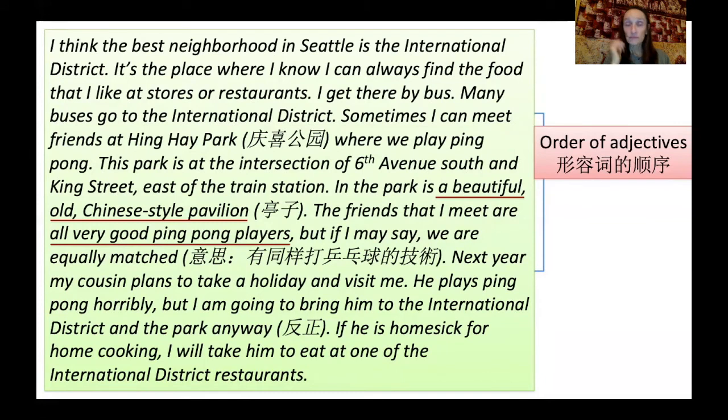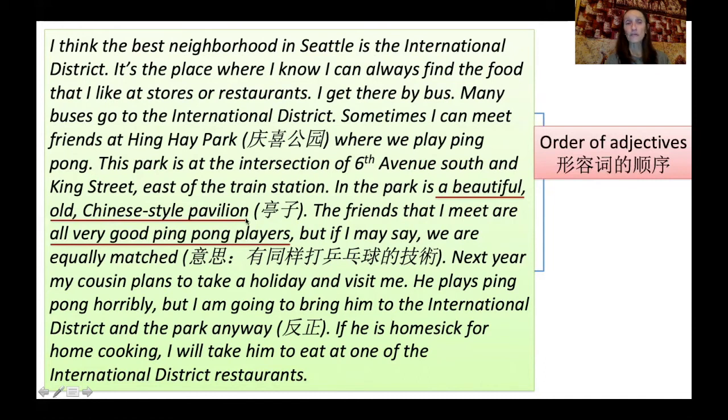So you remember the first adjective is the 冠词, the article. In the park is, and then the quality, which is really an opinion, 意见, beautiful. And then age, old. And then what type or kind, Chinese style. And then the noun, the 名词.